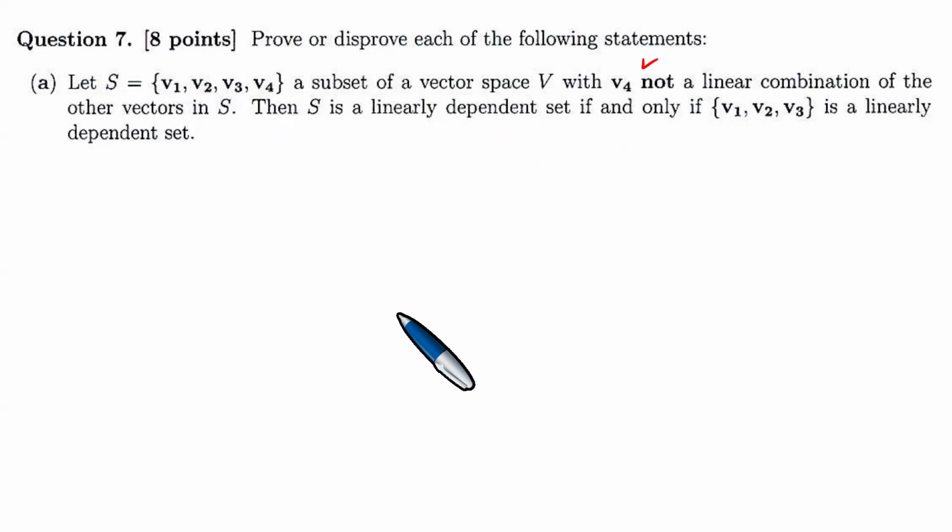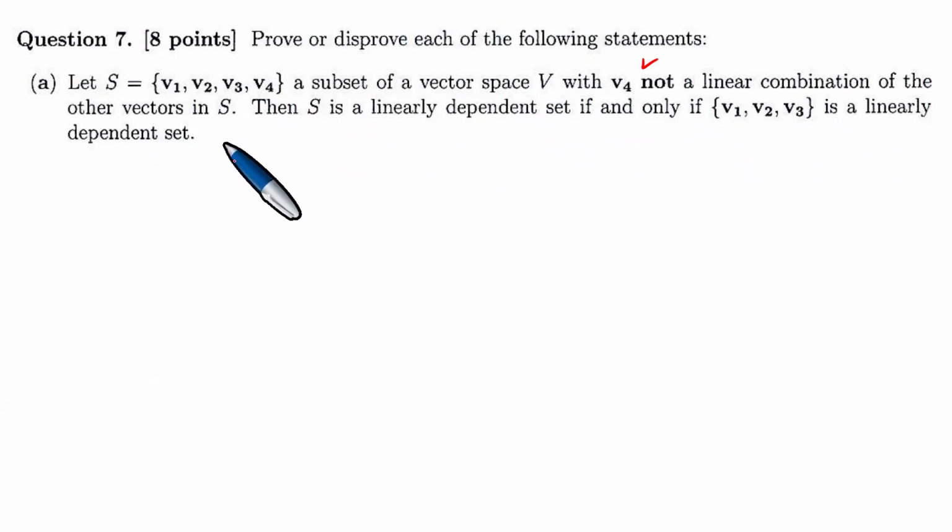But we also need to take note that these four vectors form a subset of a vector space, with V4 not a linear combination of the other vectors in S.